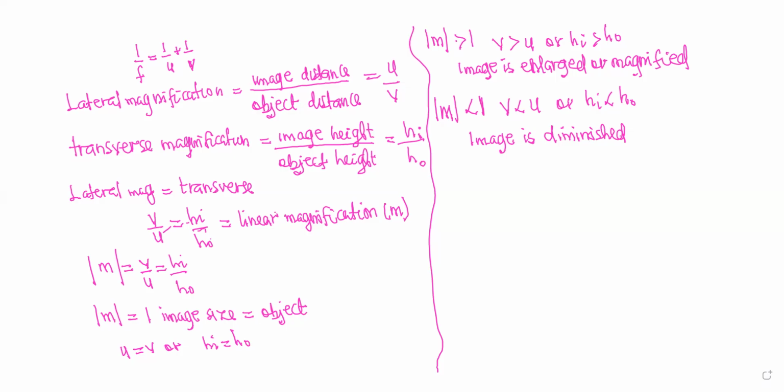So V over U, image distance over object distance. Okay.